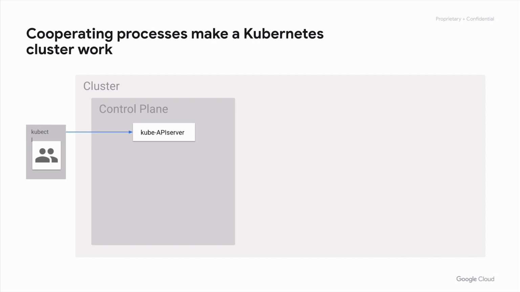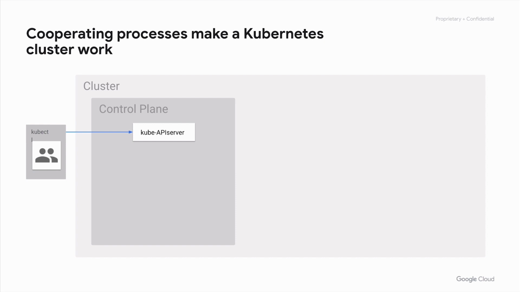The single component that you interact with directly is the Kube API server. This component's job is to accept commands that view or change the state of the cluster, including launching pods or workloads. So you'll be using the kubectl command frequently if you're acting as a Kubernetes administrator and interacting with the Kube API server.